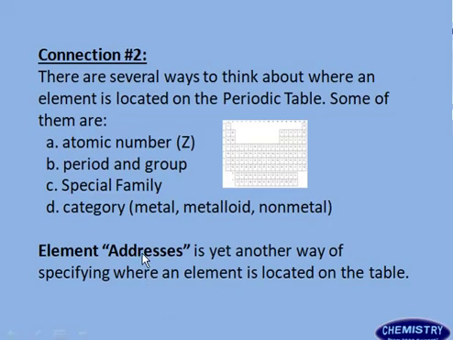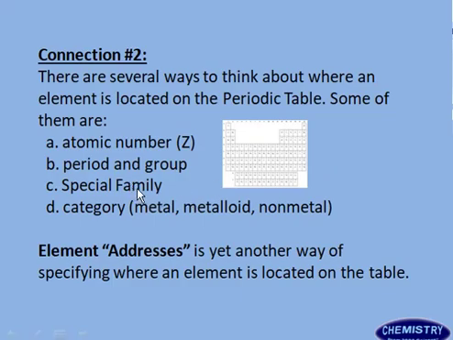The connection number two is simply this. As a way to think about element addresses, there are many ways to locate things on the periodic table. The first one we talked about was the atomic number. We know that the atomic number starts with 1 at hydrogen and goes through 118, the last currently known element. We can also locate by period and group. Periods run across, groups run down.